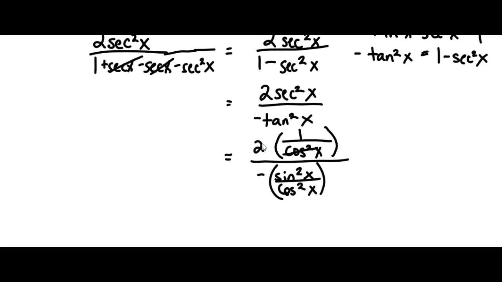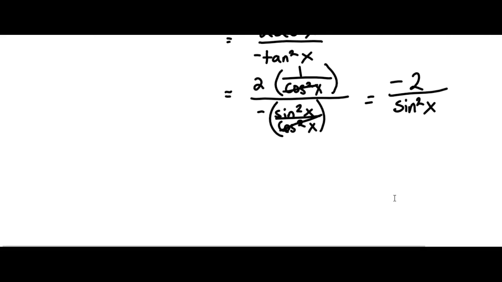Notice that my cosine squareds will conveniently cancel out, so I'm left with a negative, a 2, those can go in my numerator, and I also have a sine squared of x in my denominator. There's actually one more step we can take to simplify that even further.